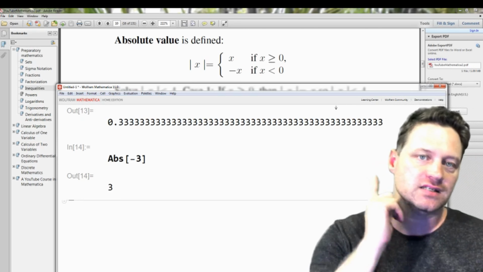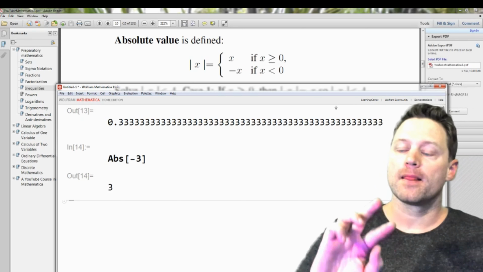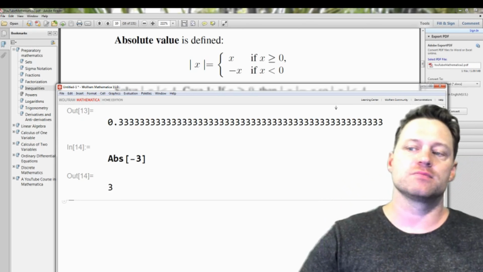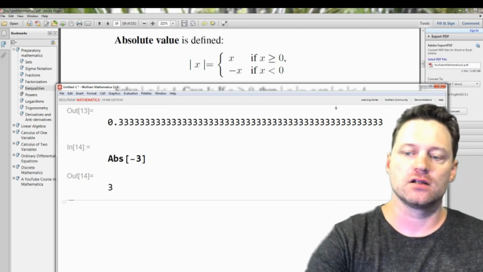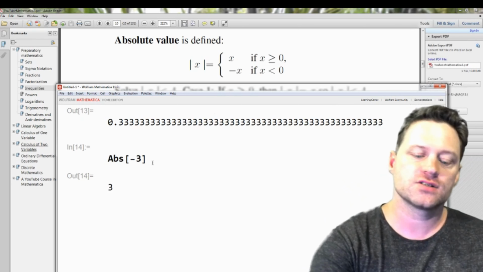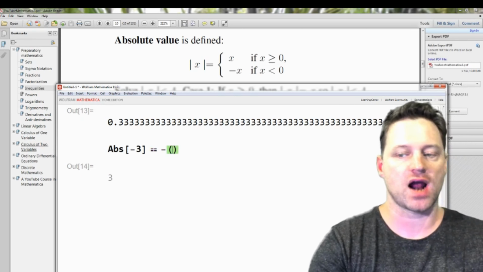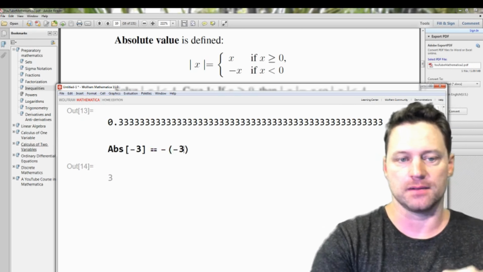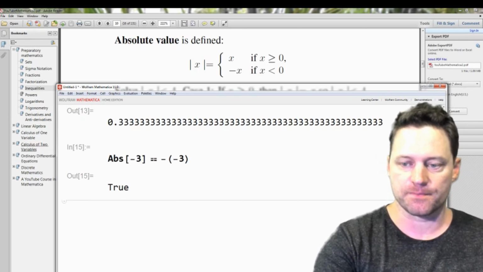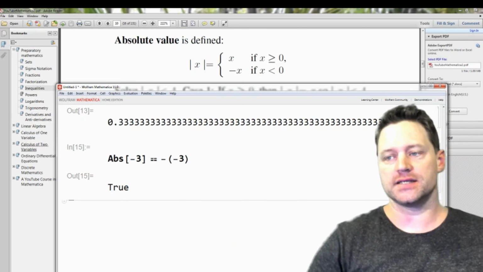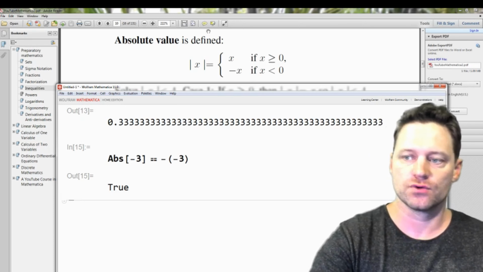But if x is negative, then absolute value of x is minus x. So have a look. This is true because we can ask the question, is this equal to minus in brackets minus 3? Let's press Shift Enter. True. So that is exactly applying this rule here.